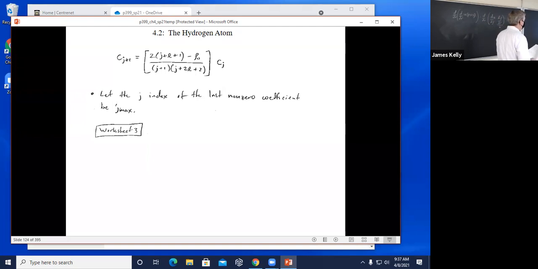And you're just going to require that when I plug in C j max, that's not 0, but I want C j max plus 1 to be 0, what does that tell me about the relationship between j and L and rho 0? So that's problem 3 we're thinking about now.